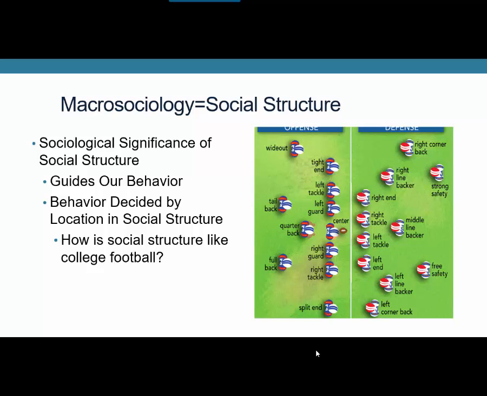And how is this like social structure? Well, the idea is that if you know that you are a free safety, what is expected of you, what you can do in that position is very different than if you were a left tackle or, to switch to the offense side, the quarterback.